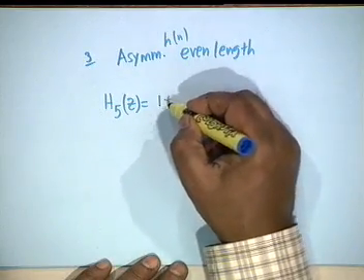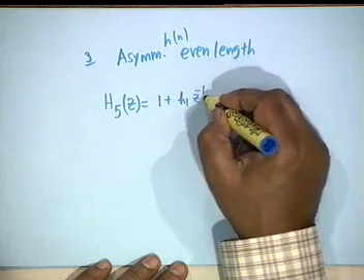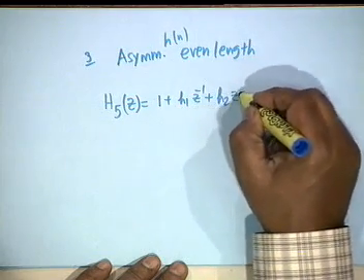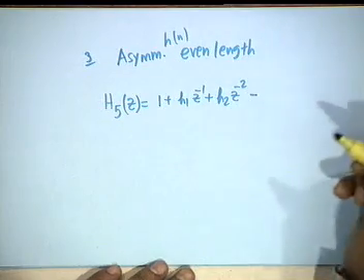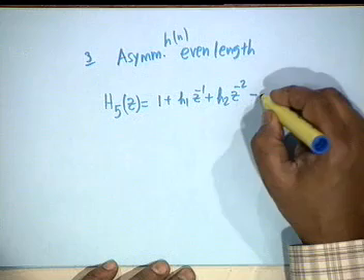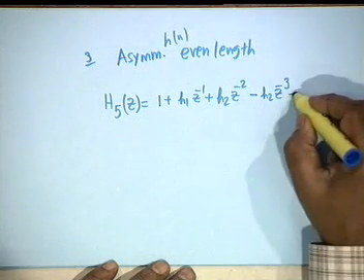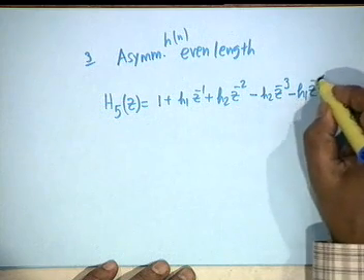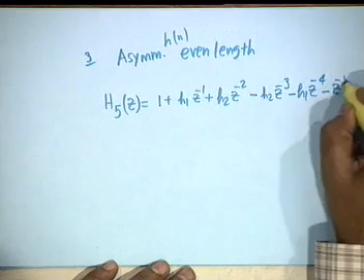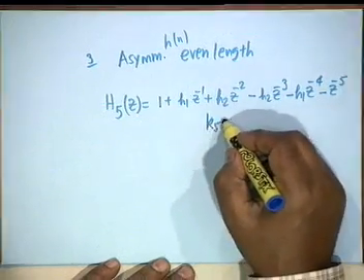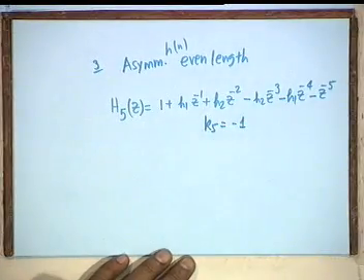So I take 1 plus h1 z inverse plus h2 z to the minus 2 minus, asymmetrical, so h2 z to the minus 3 minus h1 z to the minus 4 minus z to the minus 5. So K5 is equal to minus 1.